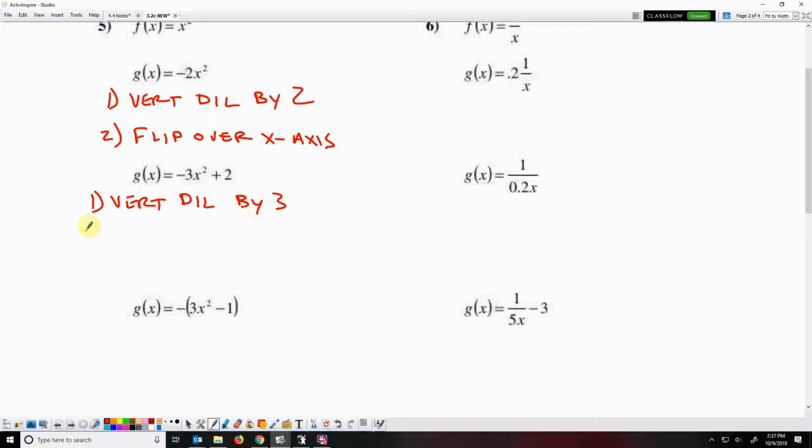Then it's multiplied by a negative also outside, so it's going to flip over the x-axis, a vertical reflection. So far, it's gotten 3 times taller, then it's flipped over the x-axis, and then that plus 2 means it is going to shift up 2 units.